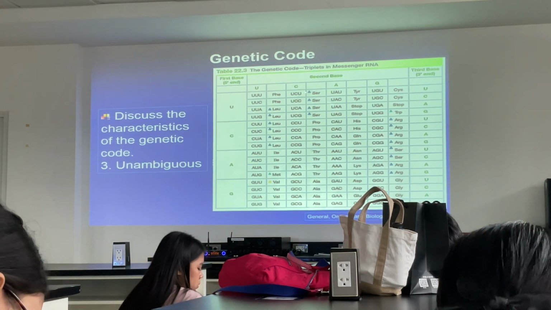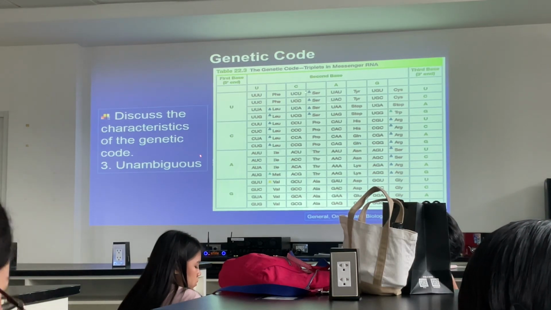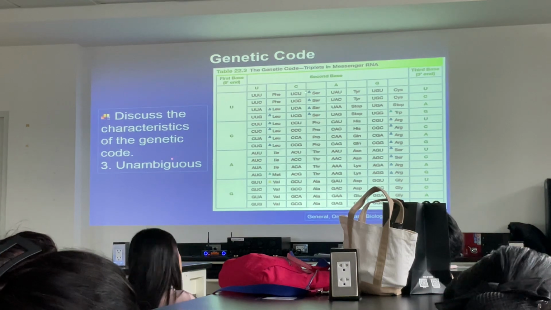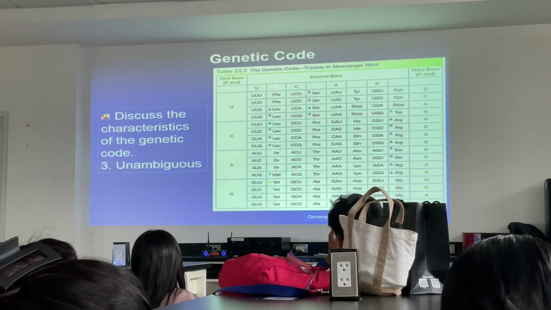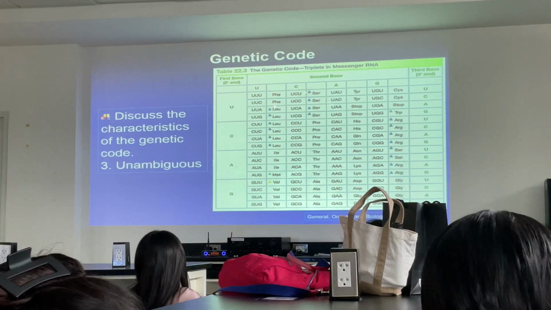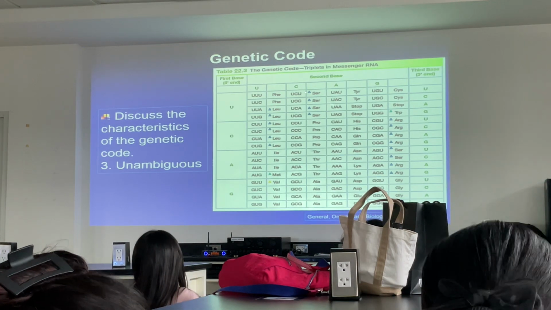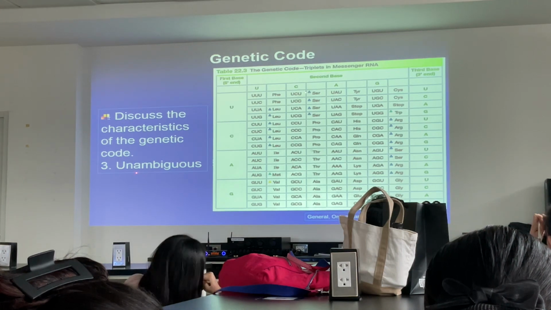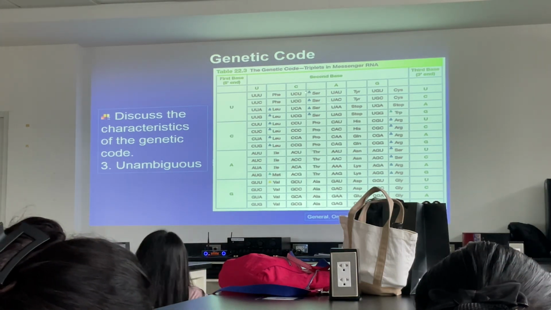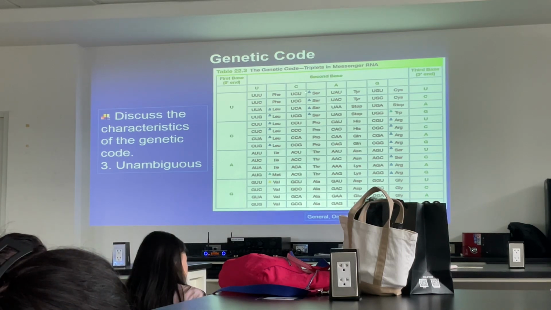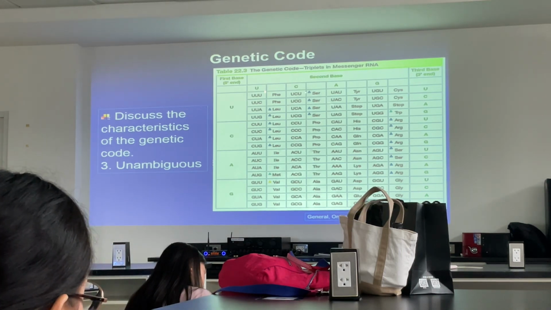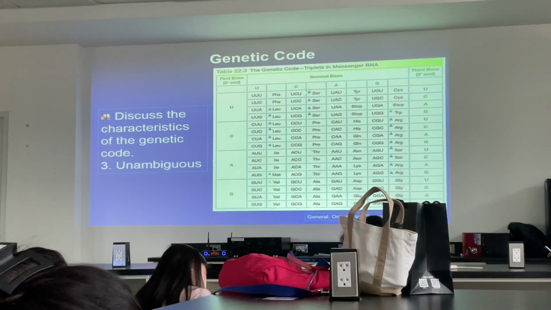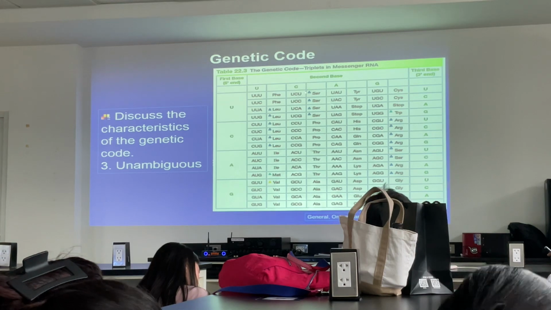So it is unambiguous. So the other meaning of unambiguous is that when a codon codes for phenylalanine, it will always specify for the synthesis of phenylalanine. So therefore, when we say a genetic code is unambiguous, it codes for a specific amino acid. So each codon will code for a specific amino acid. That's the meaning of unambiguous.